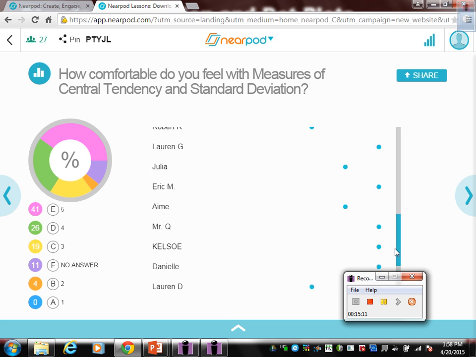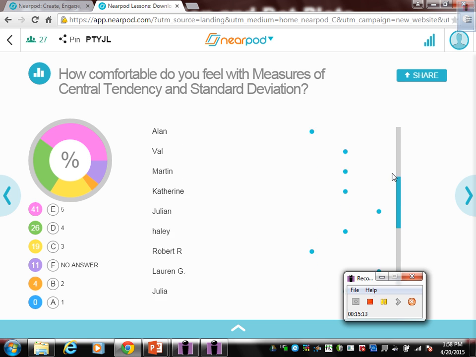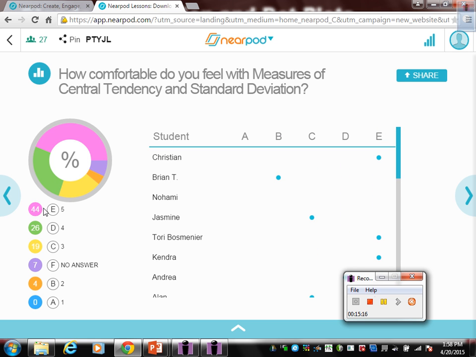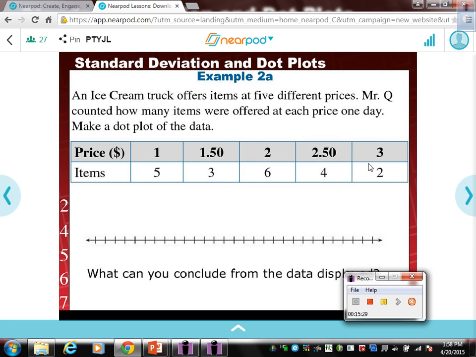Some 4s, some 5s, some 3s. According to our graph, about 60 to 70% are 4s and 5s, almost 90% from 3 and up. All right, so we're not bad. Let's move on to the next one.